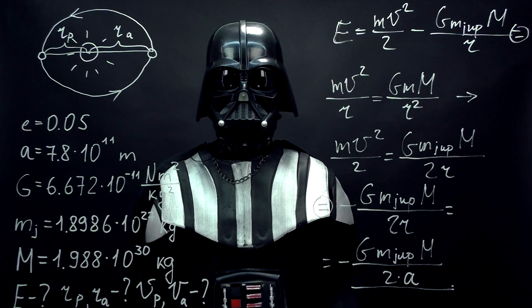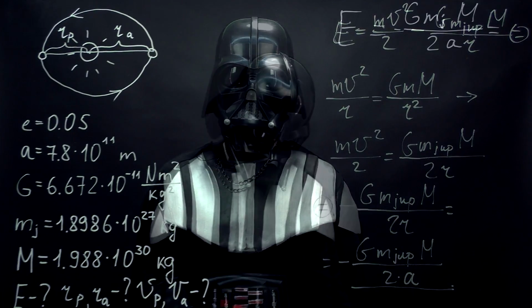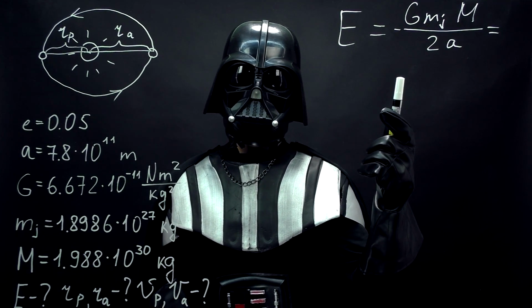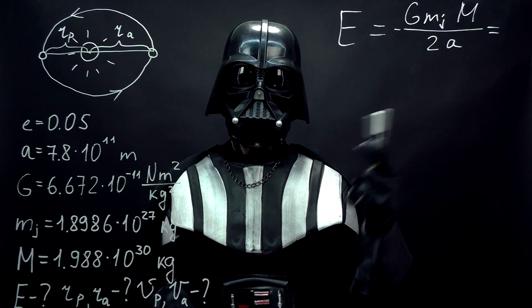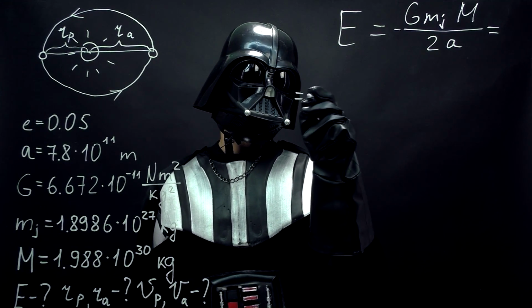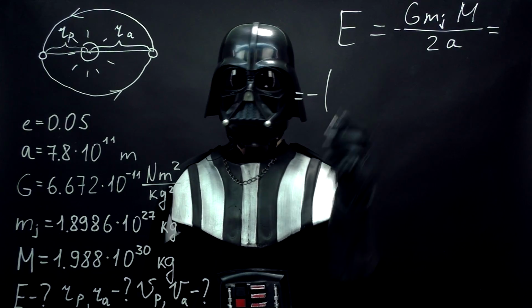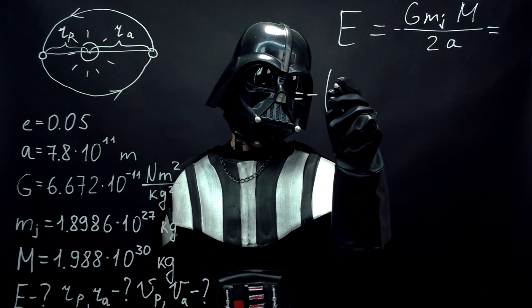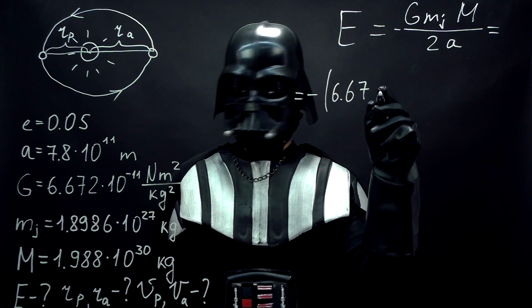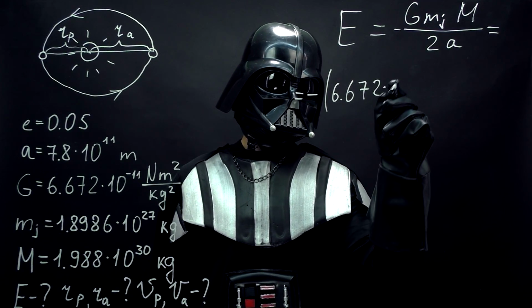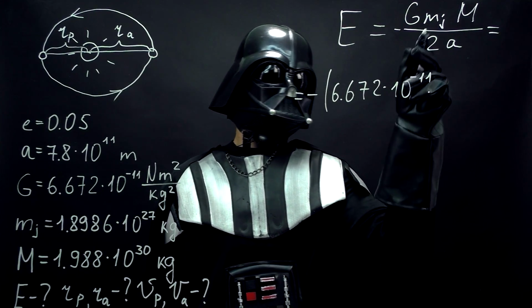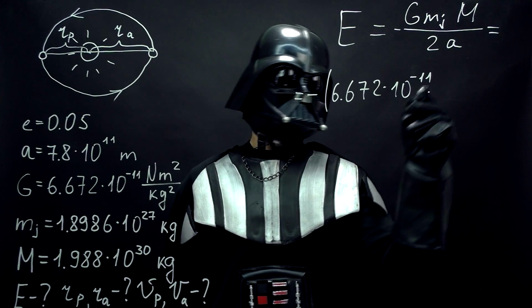Now we can find the total energy of the planet. So here's our formula for energy. Now let's apply it. So, first we have the gravitational constant. Then goes the mass of the Jupiter.